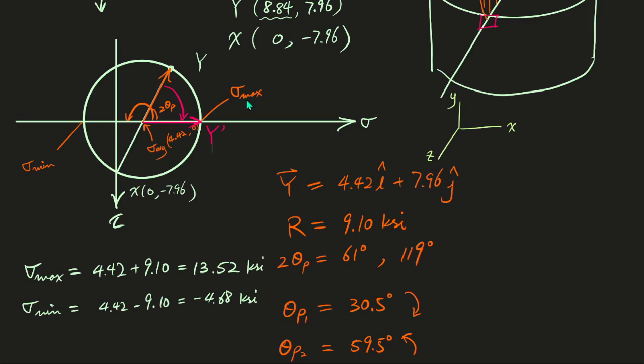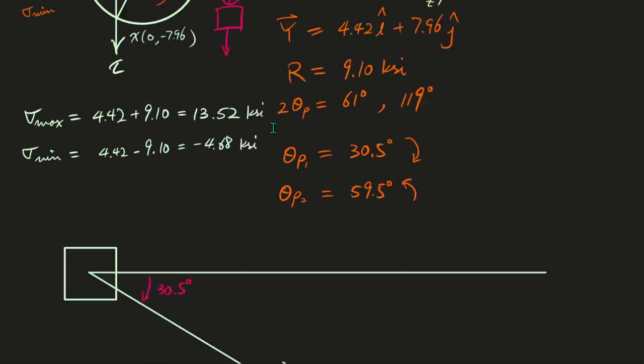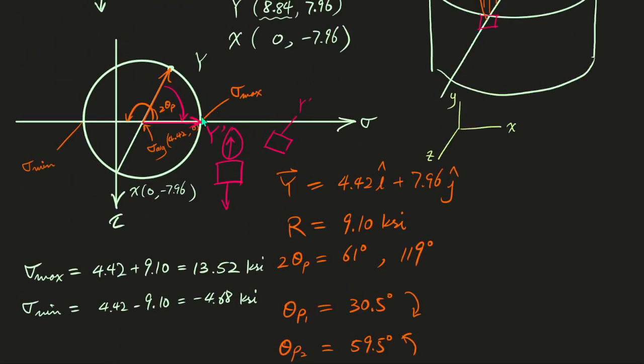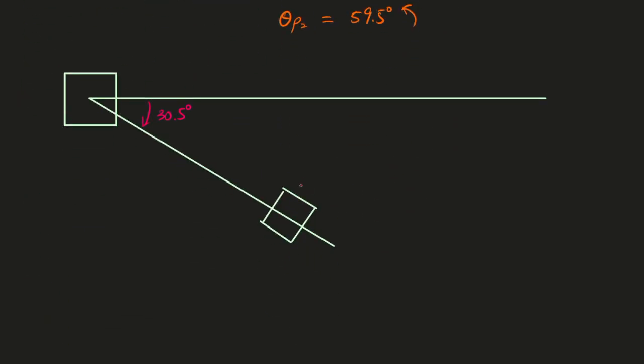So y prime, recalling from my state that's unrotated, y is this direction. It's all this stuff over here, and x is all this stuff over here. So I know that even if I rotate it by a bit, the y is still roughly in this direction, but it's y prime now. So let's do that. I have the coordinates for y prime. So y prime is at sigma max and has 0 shear stress. Very nice.